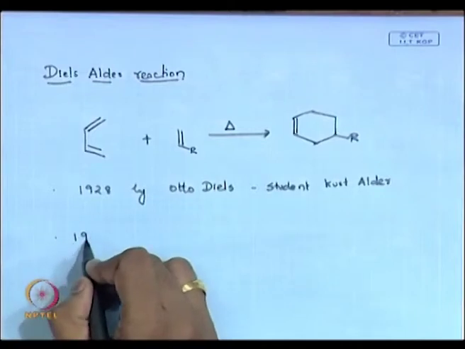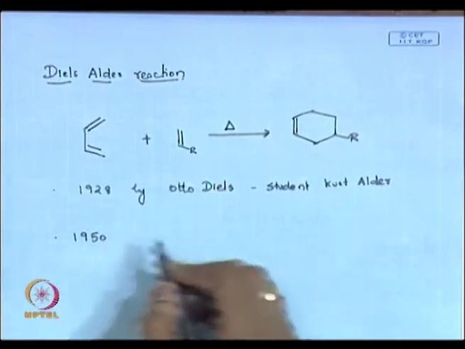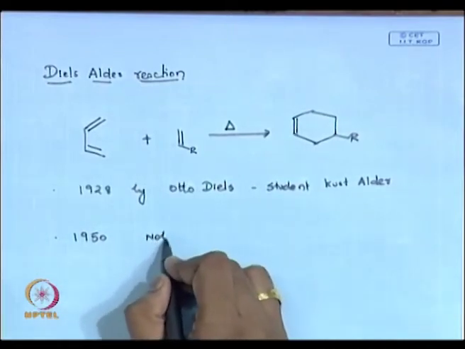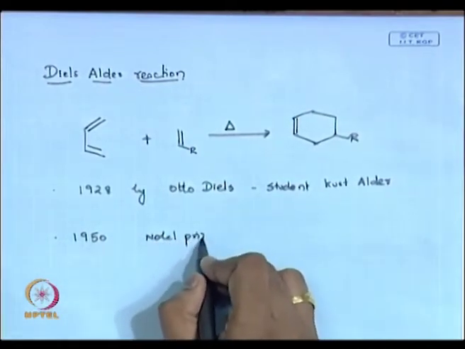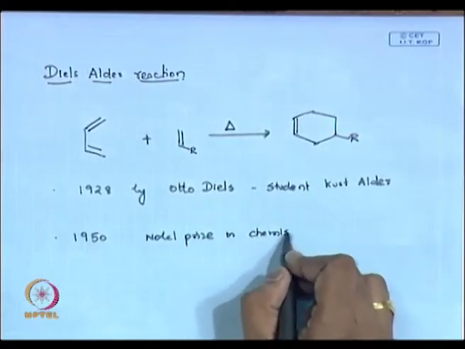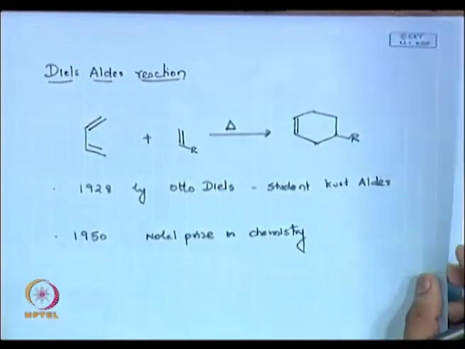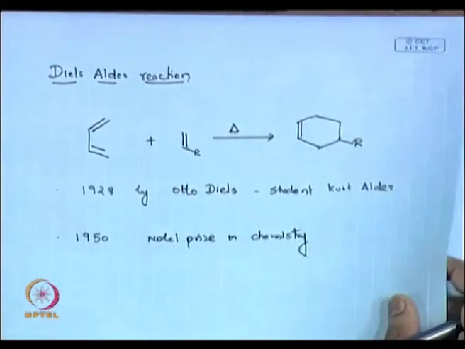And in the year 1950, they were given the Nobel Prize in chemistry. Diels and his student Alder shared the Nobel Prize in chemistry for this discovery.